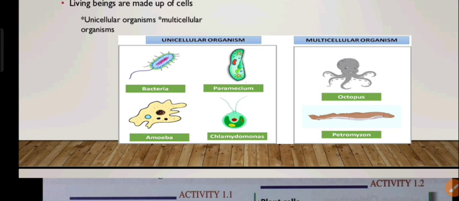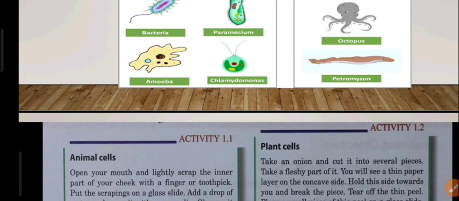But a multicellular organism is made up of many cells, more than one cell. In a multicellular organism, certain groups of cells perform particular functions. Examples of multicellular organisms: earthworm, dog, man, octopus, fishes, etc. This is all about unicellular and multicellular organisms.